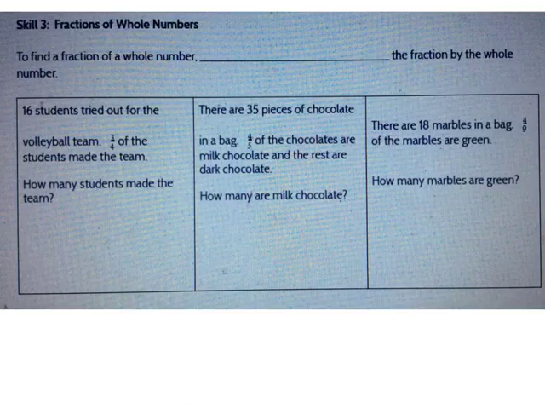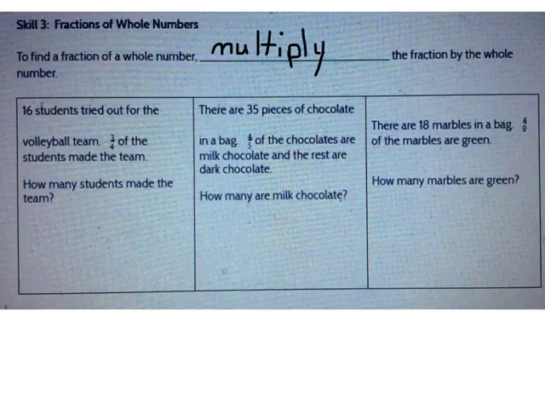We also talked about finding a fraction of a whole number. To find a fraction of a whole number, multiply the whole number by the fraction. Let's do some examples. 16 students tried out for the volleyball team. 3/4 of the students made the team. How many students made the team? So I need to find 3/4 of 16.